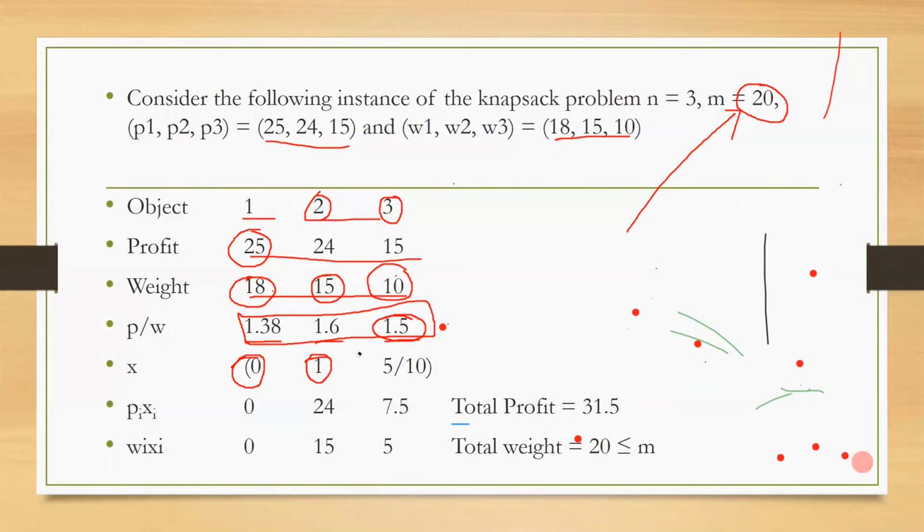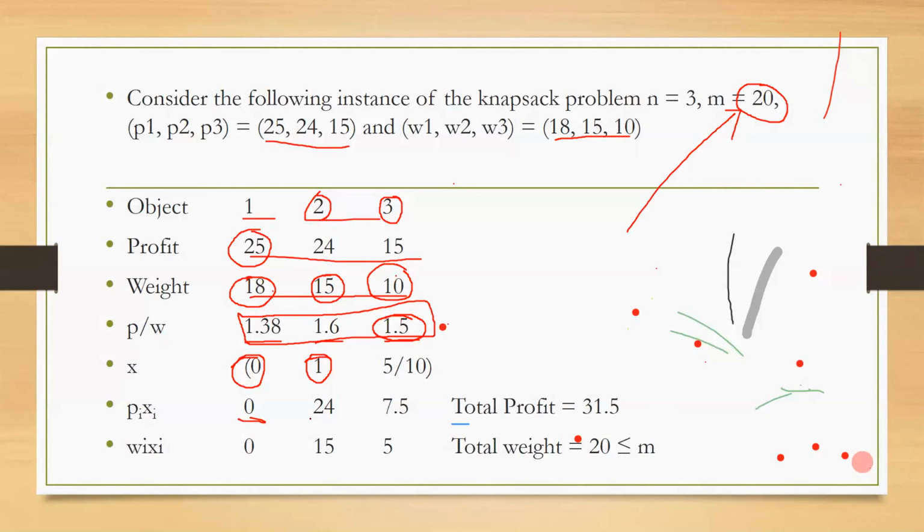Let us move to the next step. Pi into xi, calculate the profit. Profit is Pi into xi. For the first object, the profit is 25 and xi is 0, so we get 0.